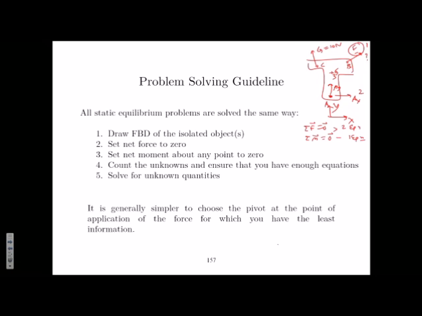Why? Because if I take moment about point A, then what will be the moment of AX and AY? 0, because AX and AY are passing through point A, right? Pushing on the hinges. So there is no contribution in the moment from AX and AY, because they are going through point A. Okay. What about the moment due to force G?